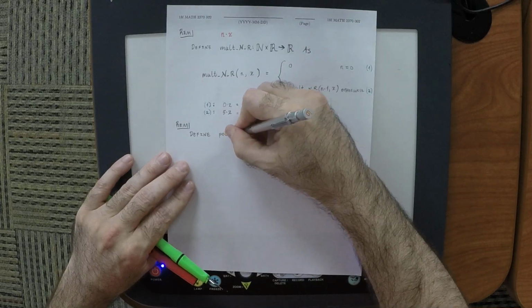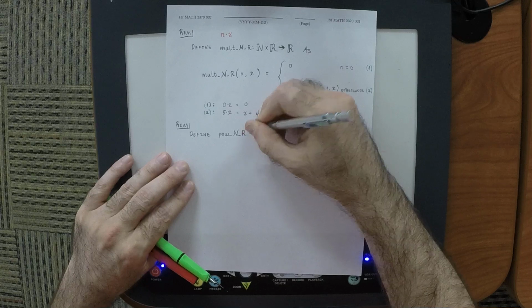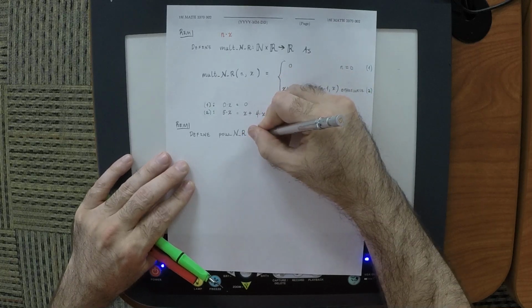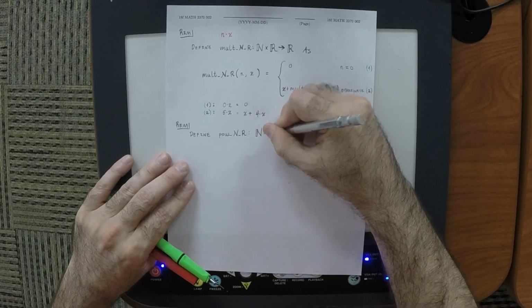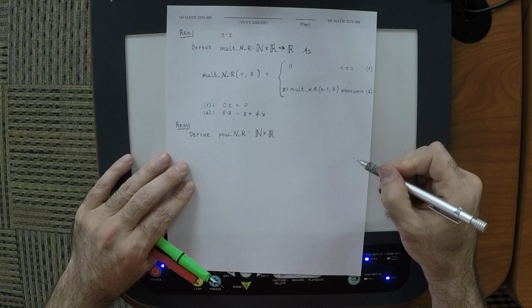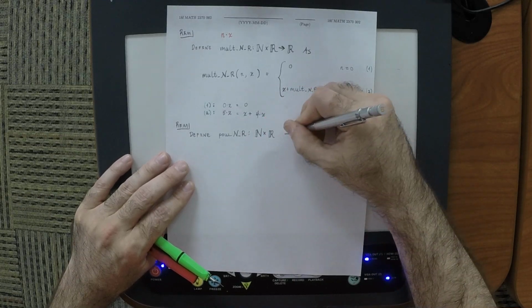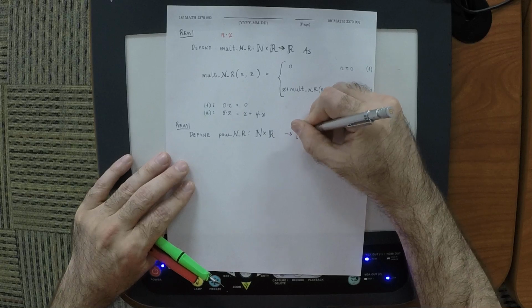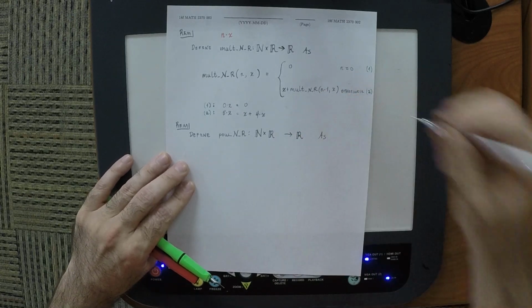So POW_n_r, and I'll give it this signature. But this is in fact not quite right. So if you're writing in pen, you need to give yourself some room to fix it. I'm going to have to fix it somehow, but for now I'm just going to leave it like that. So the signature is not quite right, and I'll define it as the following.